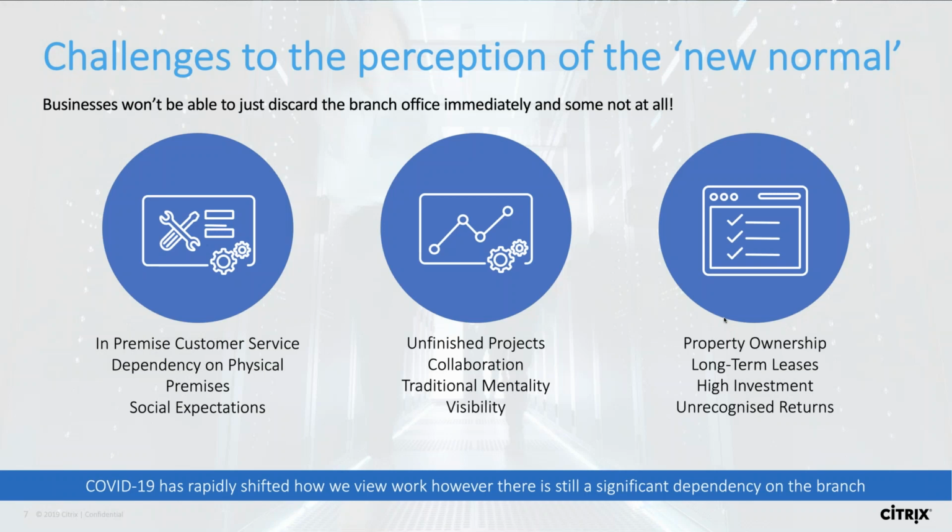So they have a dependency on physical premises, and then, as I said, social expectations. People are going to want to get out, go out with their friends, celebrate birthdays, all that sort of thing. And then there are the social elements around collaboration, and the potential for unfinished projects in the branch to still remain.